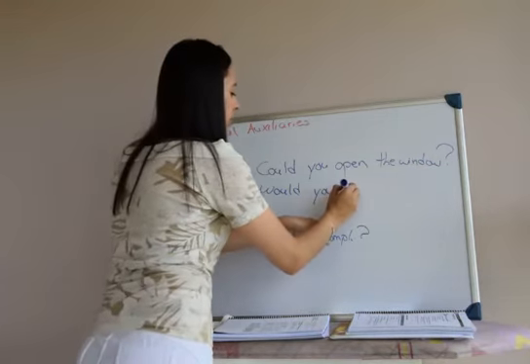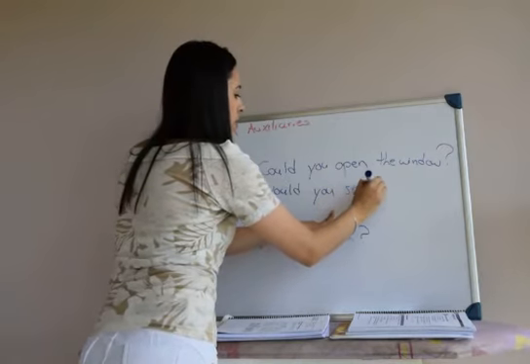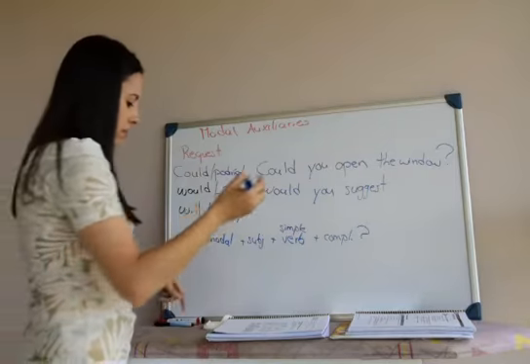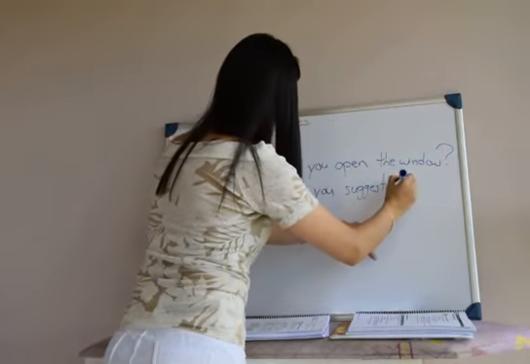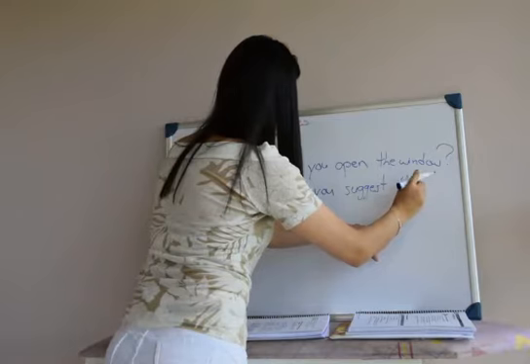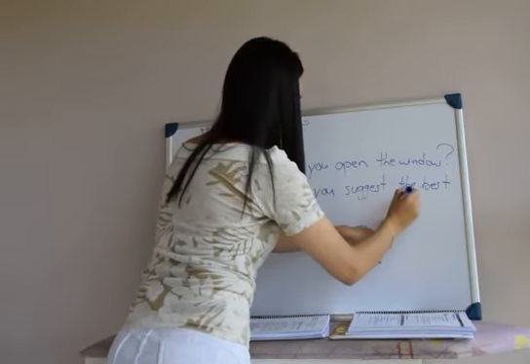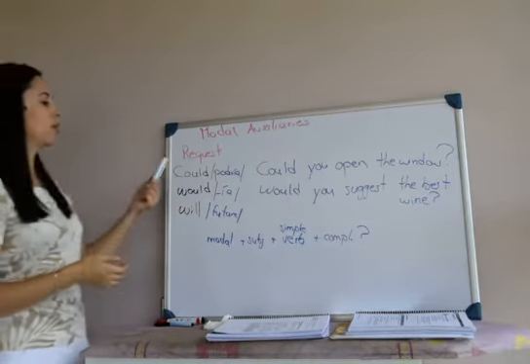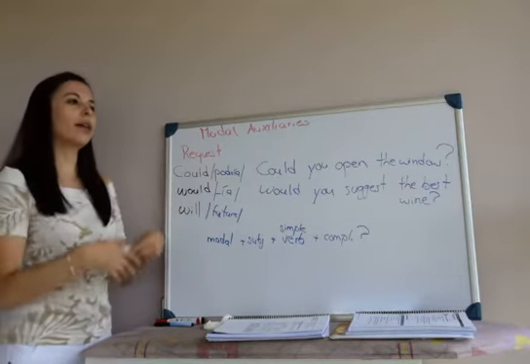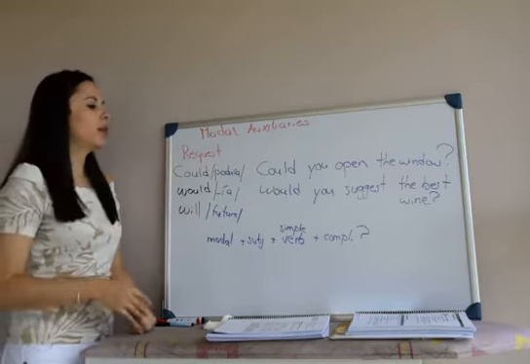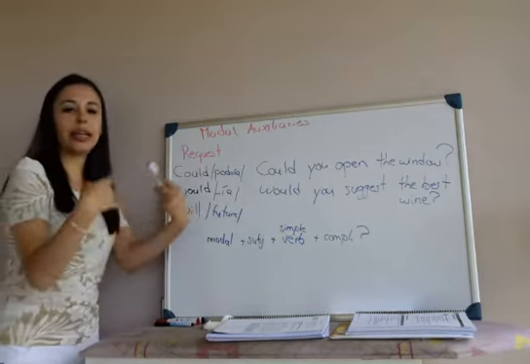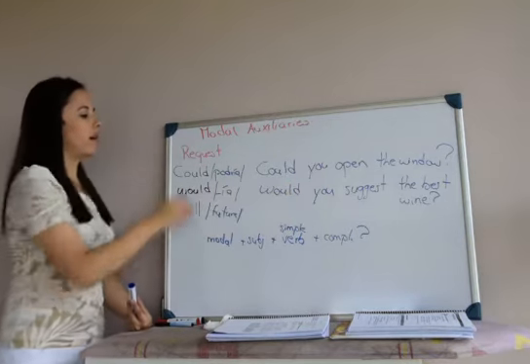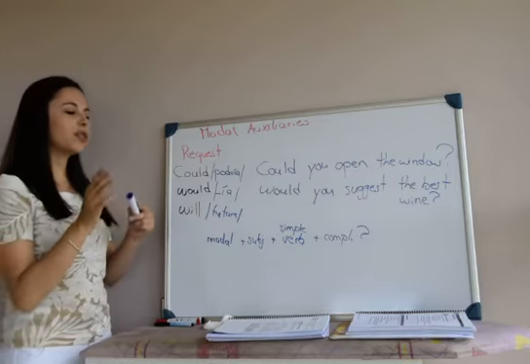Would you recommend or suggest the best wine? And question mark. So again, we're making a request to the waiter. Mr. or Mrs. Waiter, would you suggest the best wine? ¿Me sugeriría cuál es el mejor vino? That will be a request, but very polite, like an indirect request.